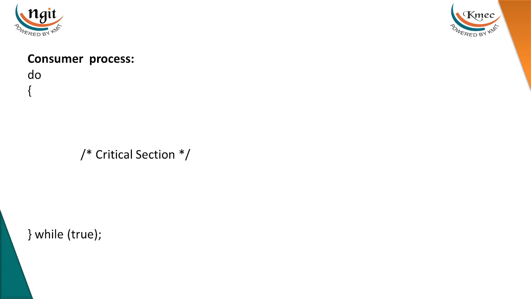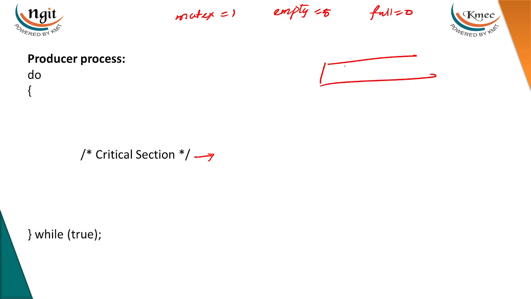Now look at how to write the code for the producer and consumer. Before executing the critical section, look at the values: mutex equals 1, empty equals 5, and full equals 0, because initially the buffer is empty.